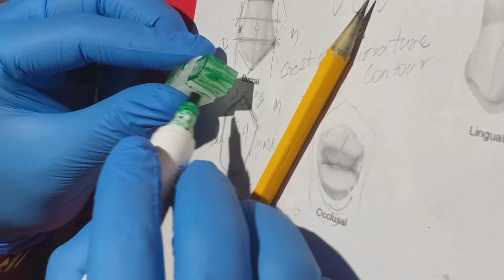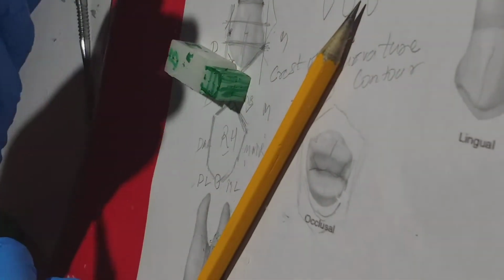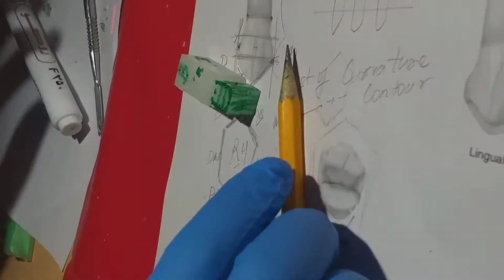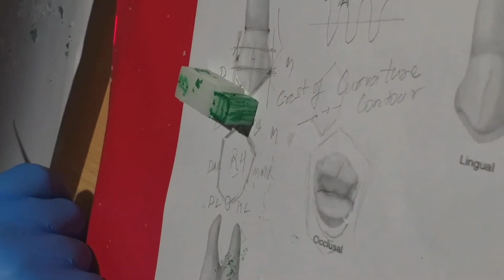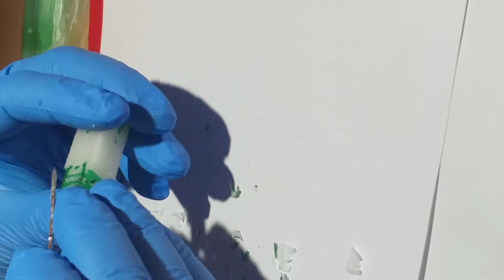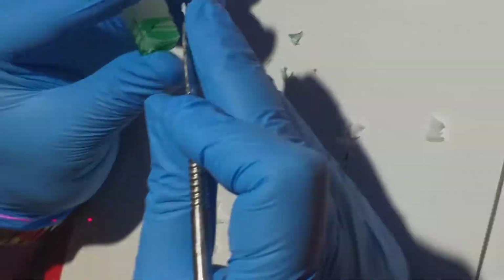This excess unwanted wax. The carving should be such that you carve labiolingually or bucco-palatally. See this, this is buccally. So first I make a slope, and I am not carving the entire marking.